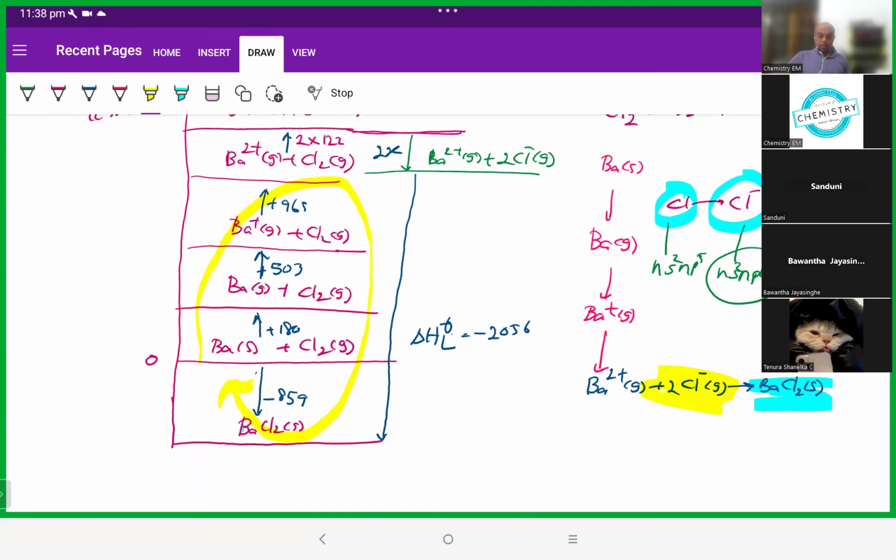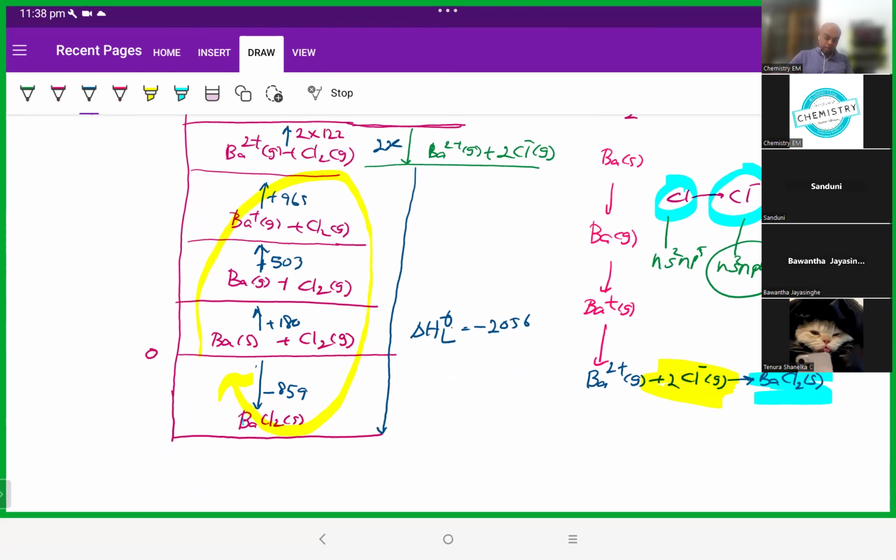Okay, so let's apply the Hess cycle to this Born-Haber cycle. I will start from 0, going up, up, up, up, up, and down, and going up again, clockwise. So this one is positive, and the value is also positive.